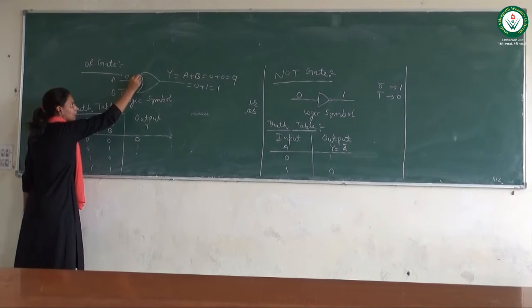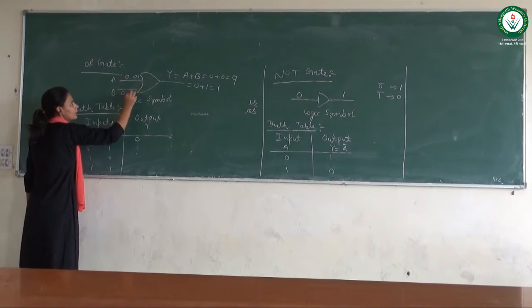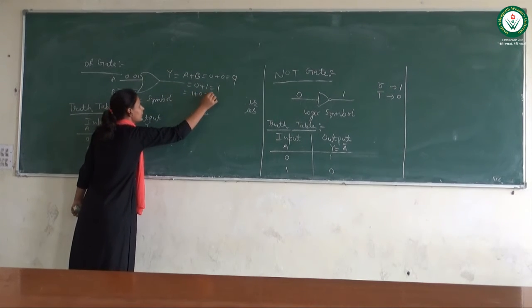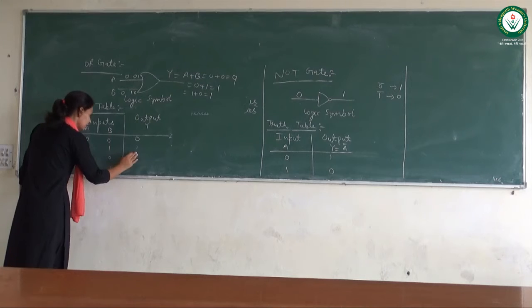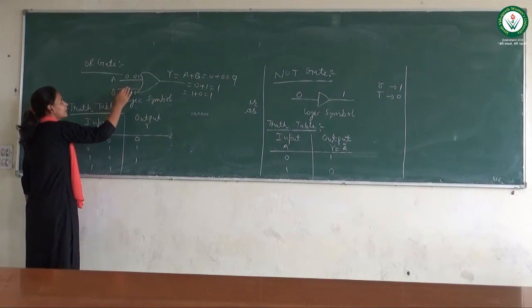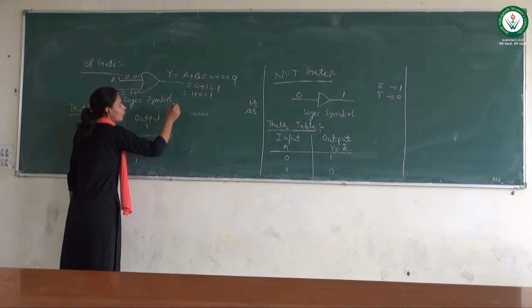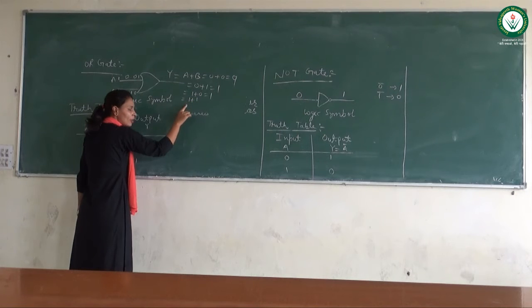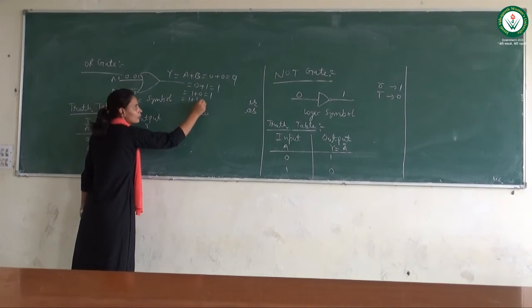When A is 1 and B is 0, then output of the OR gate will be 1 plus 0, which will be 1. When A is 1 and B is also 1, then the output of OR gate will be 1 plus 1. In the OR gate, 1 plus 1 means 1.